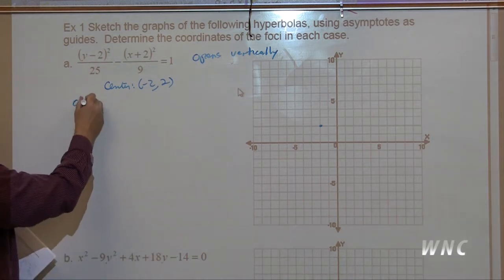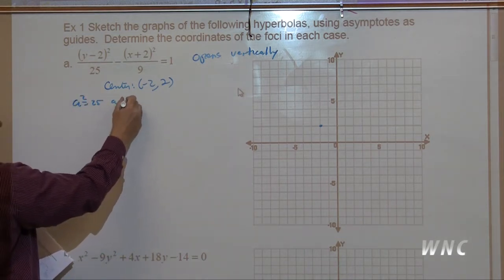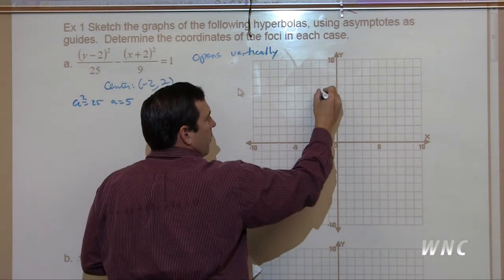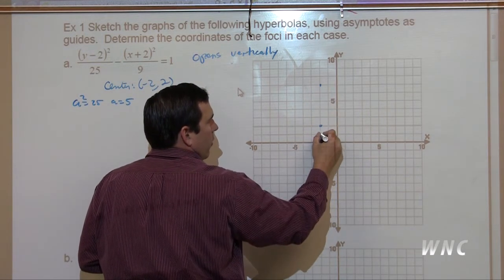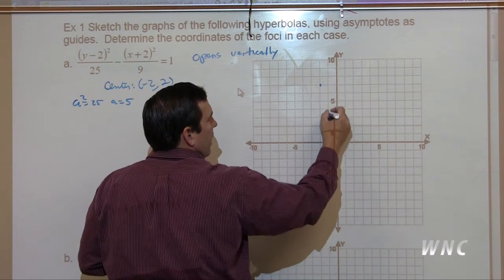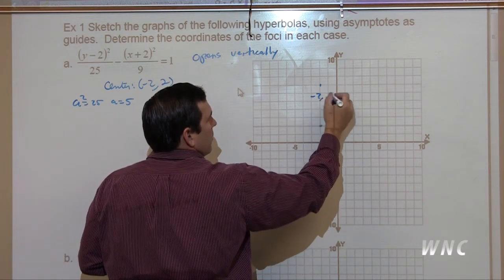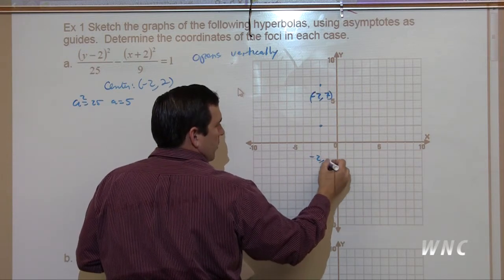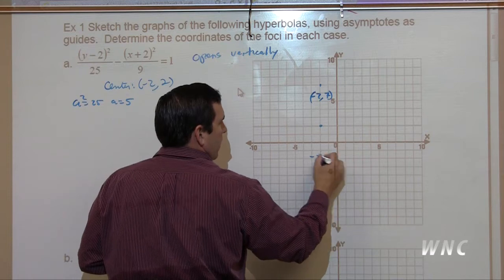Now a squared is 25, so a is 5. So that means our vertices are going to be 1, 2, 3, 4, 5, and 1, 2, 3, 4, 5, located at negative 2, 7, and negative 2, negative 3.